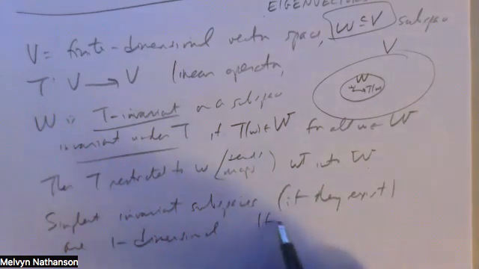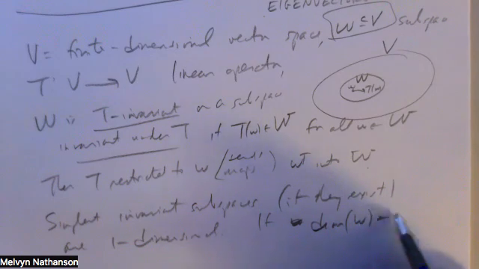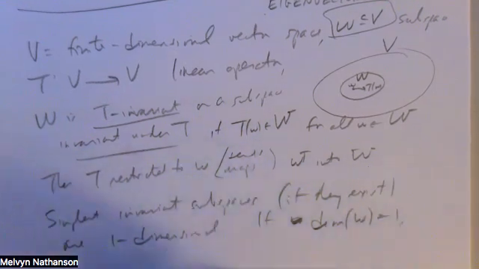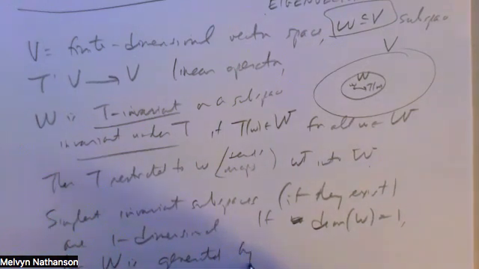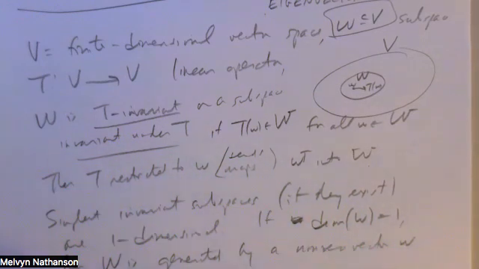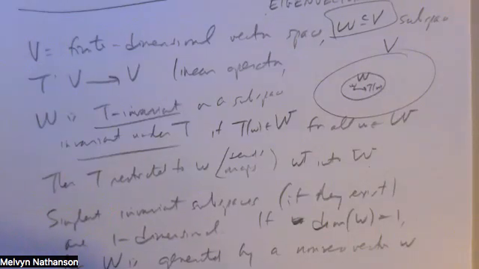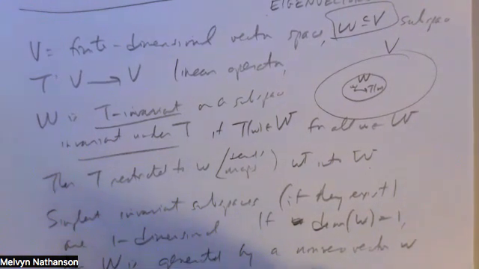So if W is a subspace of dimension 1, then W is generated by a non-zero vector called little w, and so W is just the set of all scalar multiples cw, c in the field.